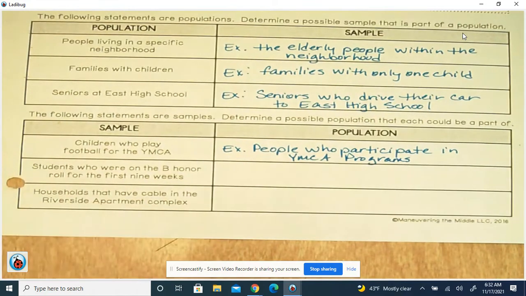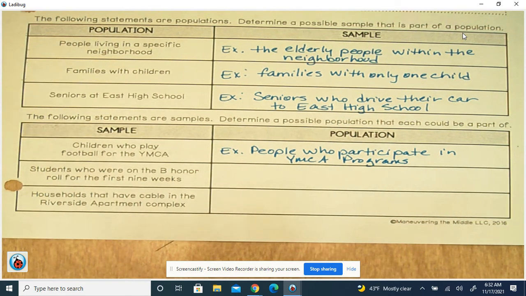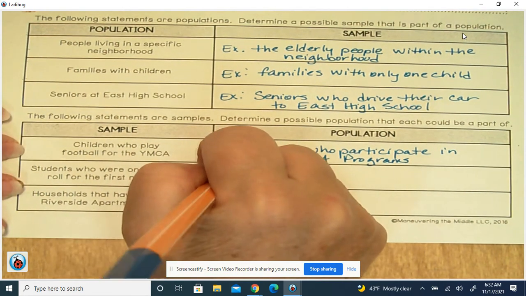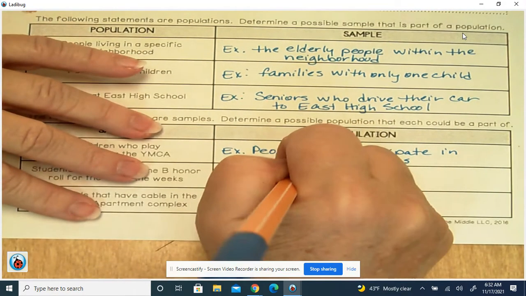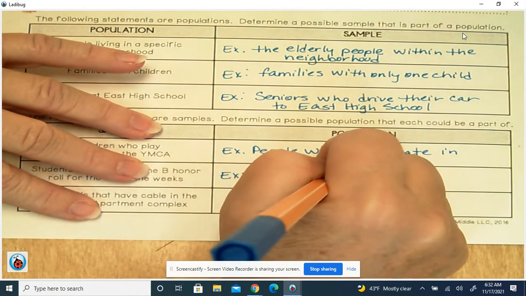All right, next sample, students who are on the roll for the first 9 weeks. And that's a sample. So if we looked at that, we'd be looking at all students enrolled during the first 9 weeks. That's the population.